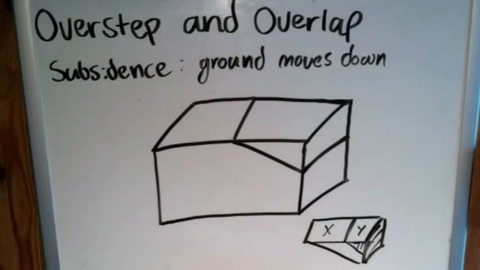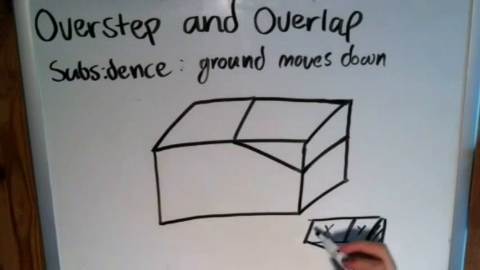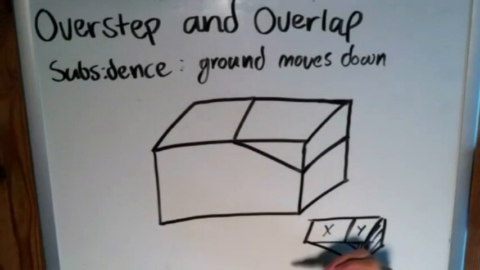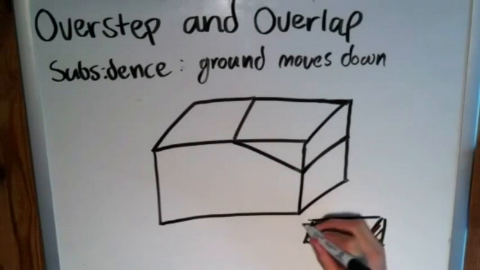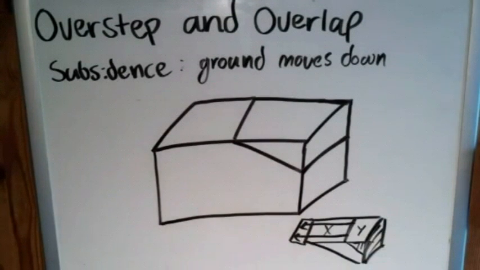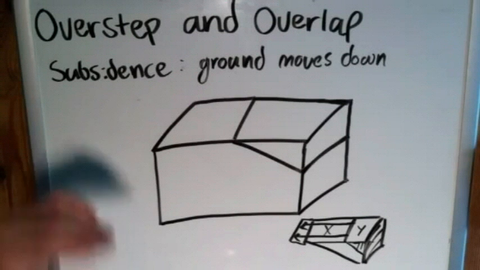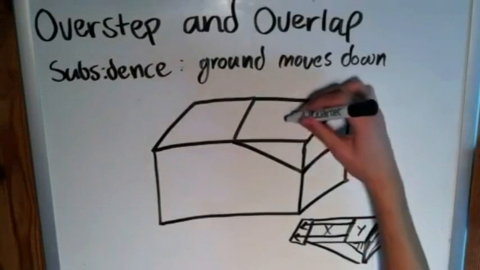But what if we had so much subsidence that Y actually overtook X and stretched, after X was deposited, we had more deposition of the sediments that form strata Y, such that this boundary was stretched beyond where X is. Well, that's what this would look like, and that's essentially what overlap is. You have so much subsidence that the boundaries of Y, or whatever you call your newest layer of strata, keep on expanding such that they overtake the one directly beneath it. So what that would look like is we would have, this would all just be Y, right?